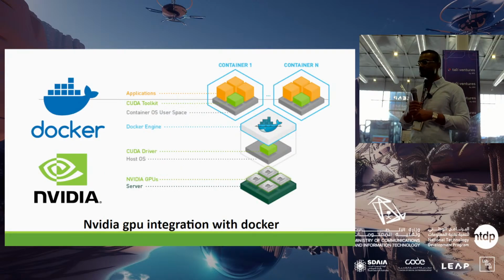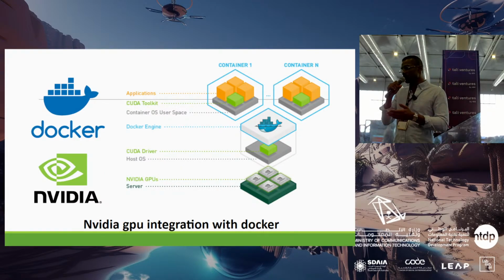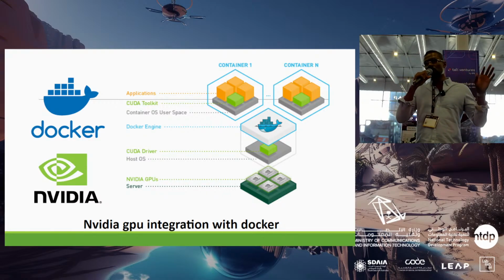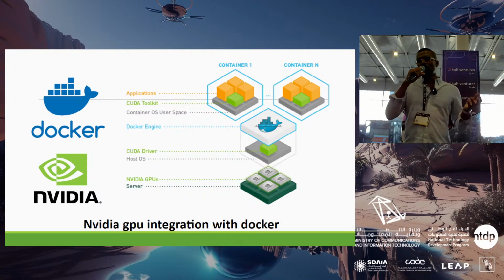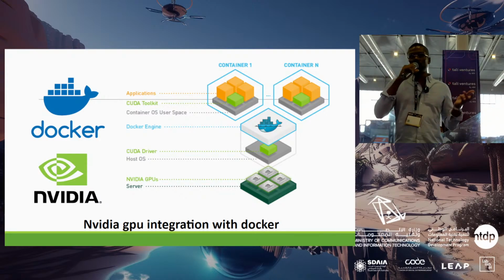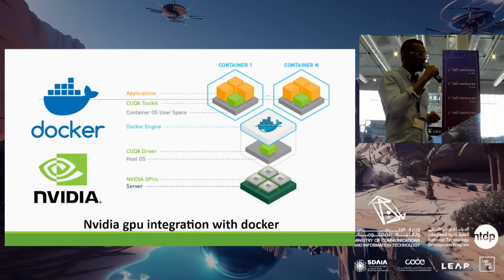Next slide. This is just an image of how NVIDIA integrates GPU with Docker. So NVIDIA runs basically on Docker. NVIDIA is the heart of generative AI. That's how most generative AI platforms are running on NVIDIA.